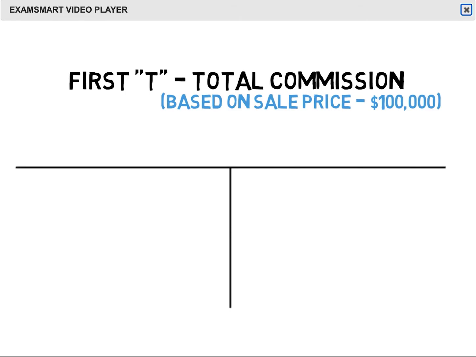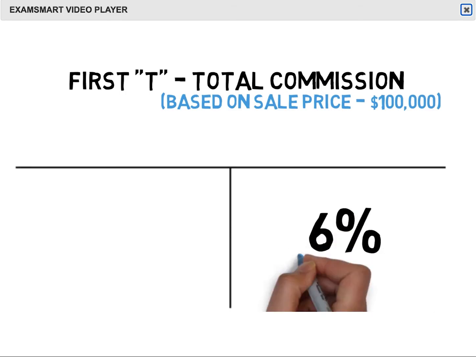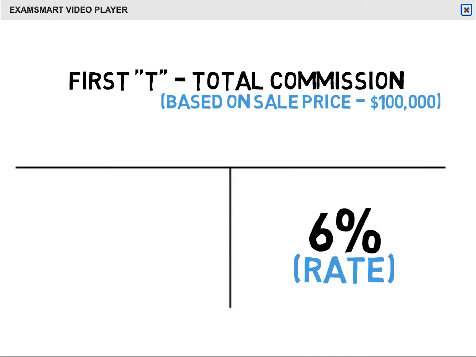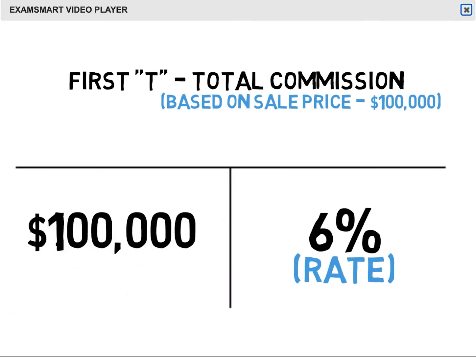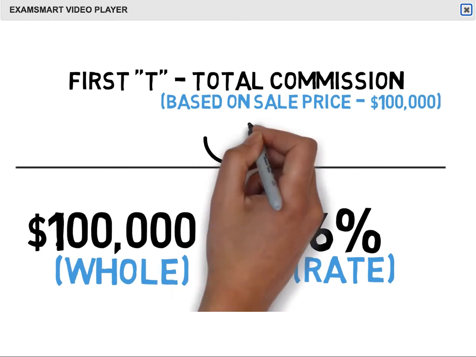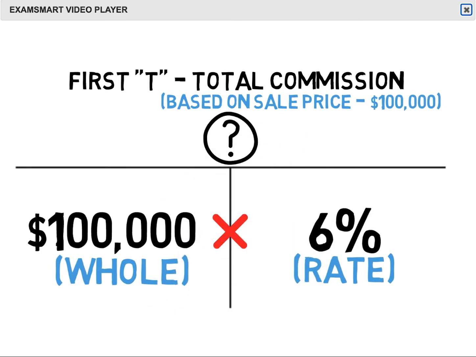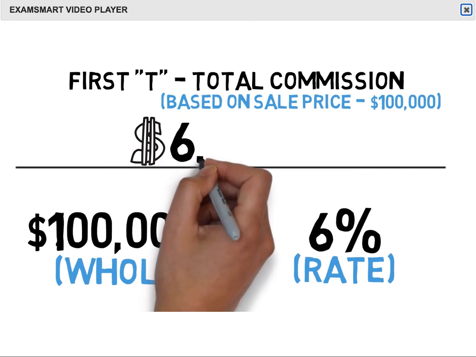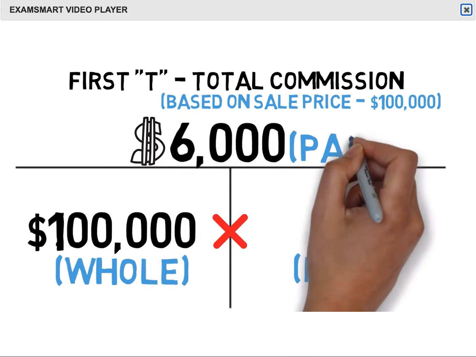So in our first T, the 6% commission goes in the bottom right. Our $100,000 sale price is the largest number we have. That will go on the bottom left for the whole amount. And then our formula tells us to multiply straight across. So we would take $100,000 times 6%. That would give us our part, or the amount of commission, of $6,000.